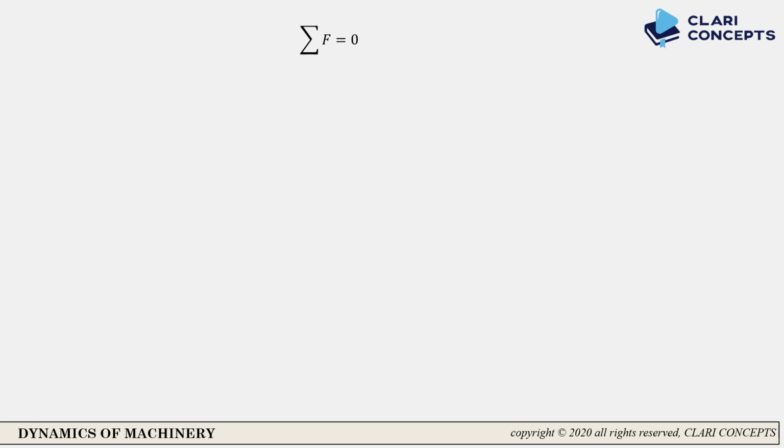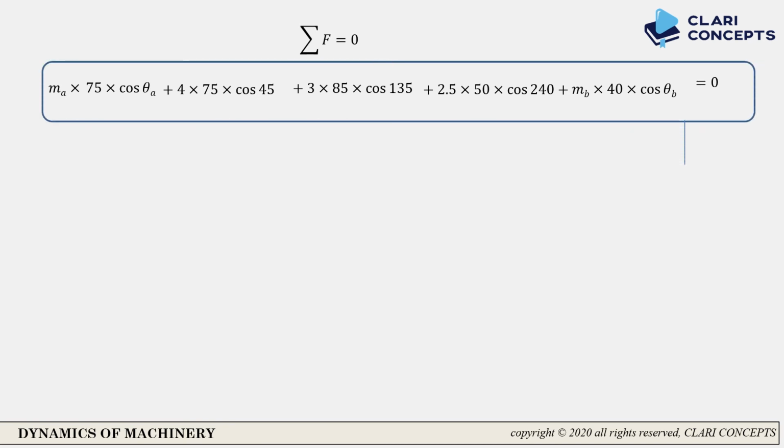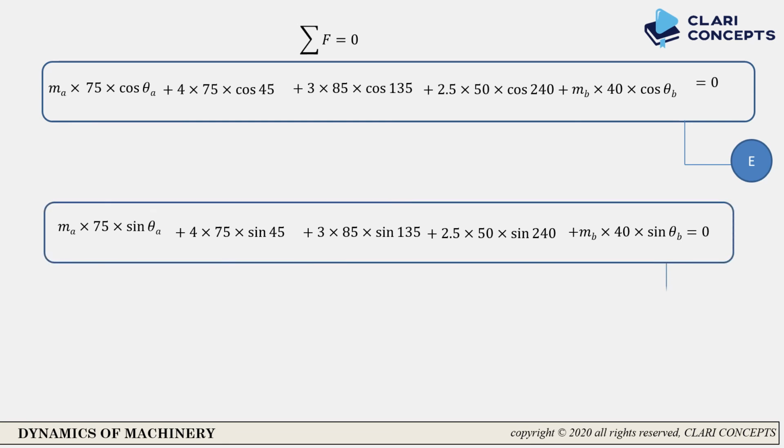So first I will write up all the cos theta terms. Here you can notice that you don't know the values of ma, theta a, mb, theta b. So I name this equation E. Now write up all the sin theta terms. Here also you don't know the values of ma, theta a, mb, theta b, and I name this equation F.